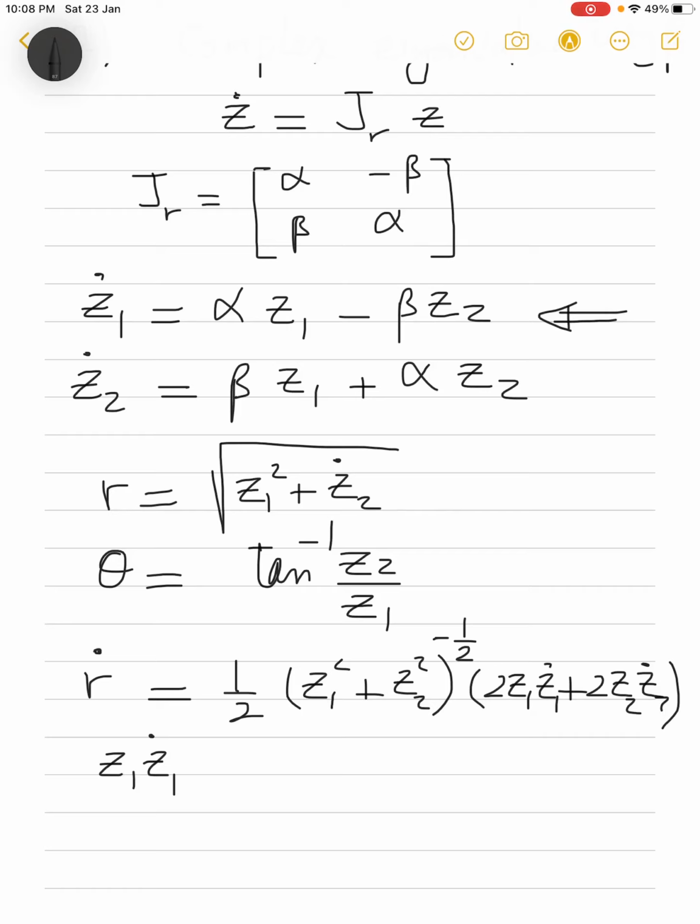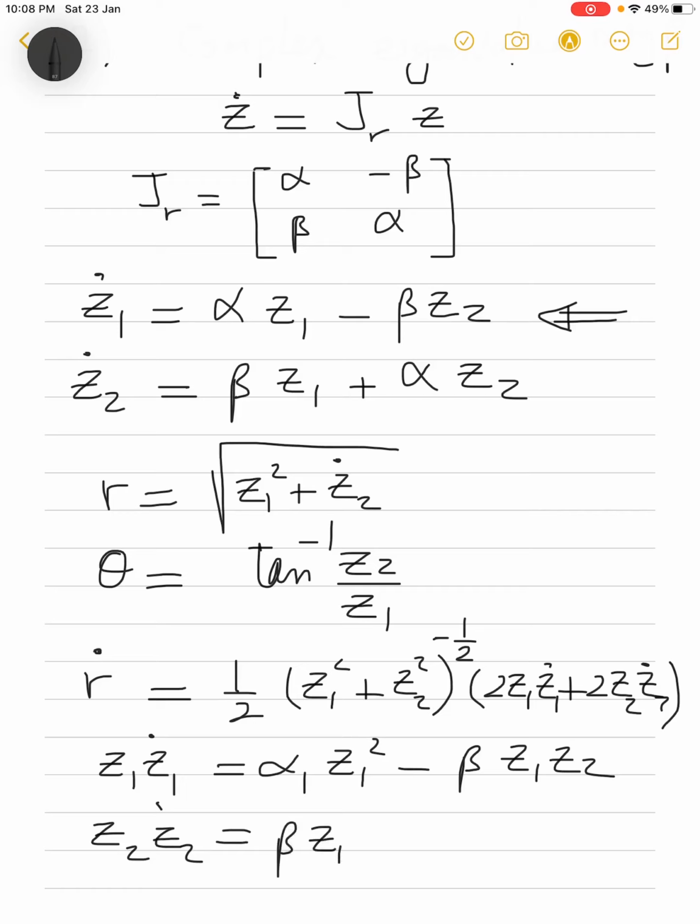That will give us alpha z1 squared minus beta z1 z2, and second term would give beta z1 z2 plus alpha z2 squared.